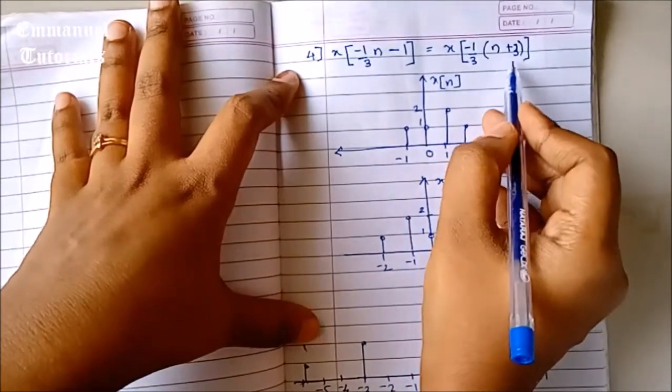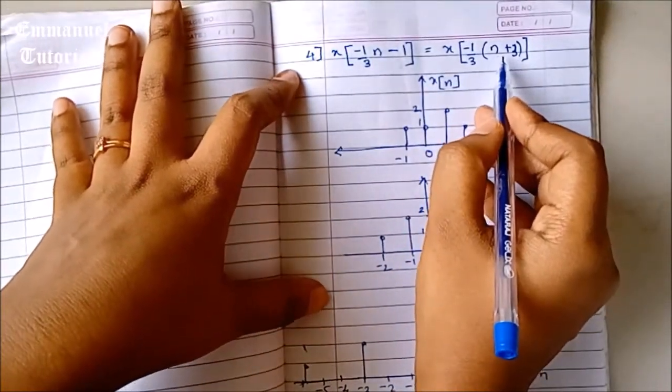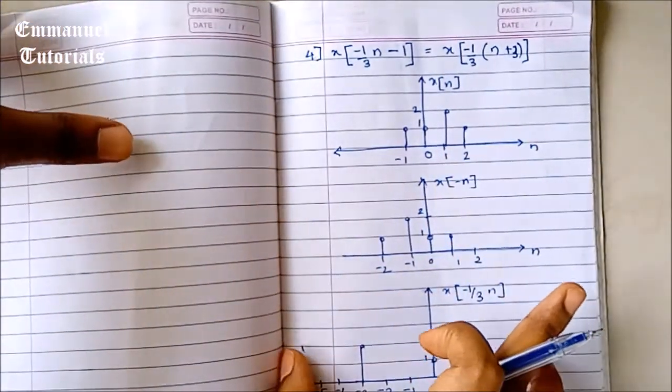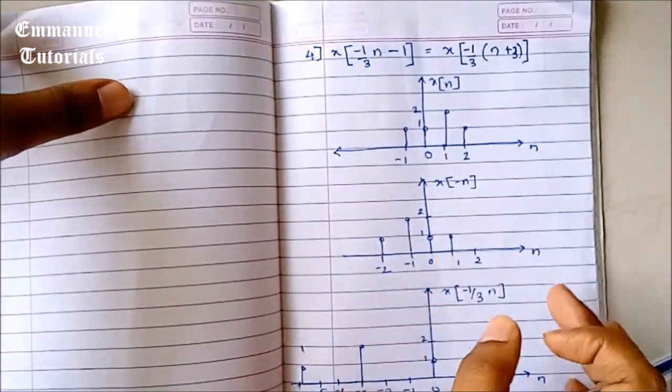Now we have to shift it by 3 and the sign is plus, so it suggests advance. So we'll have to shift the signal to the left by 3.